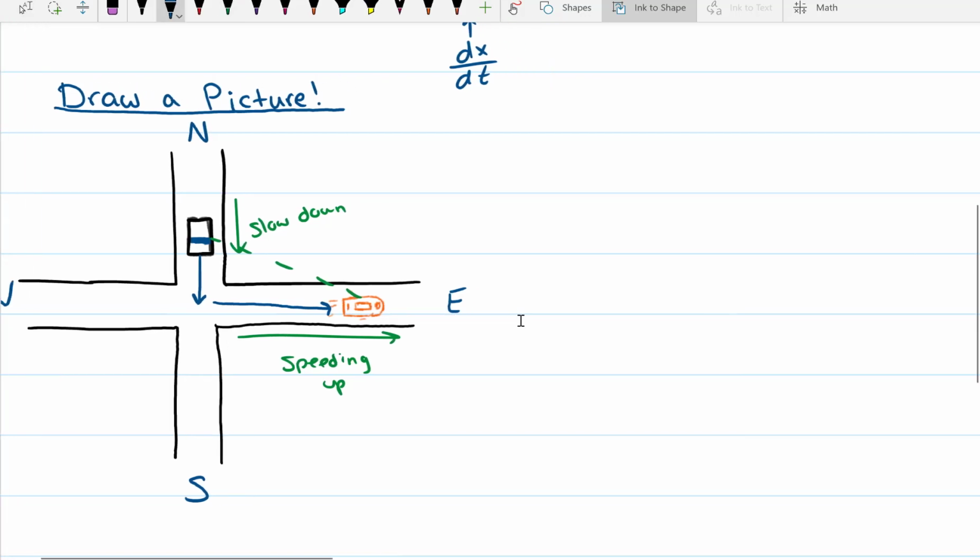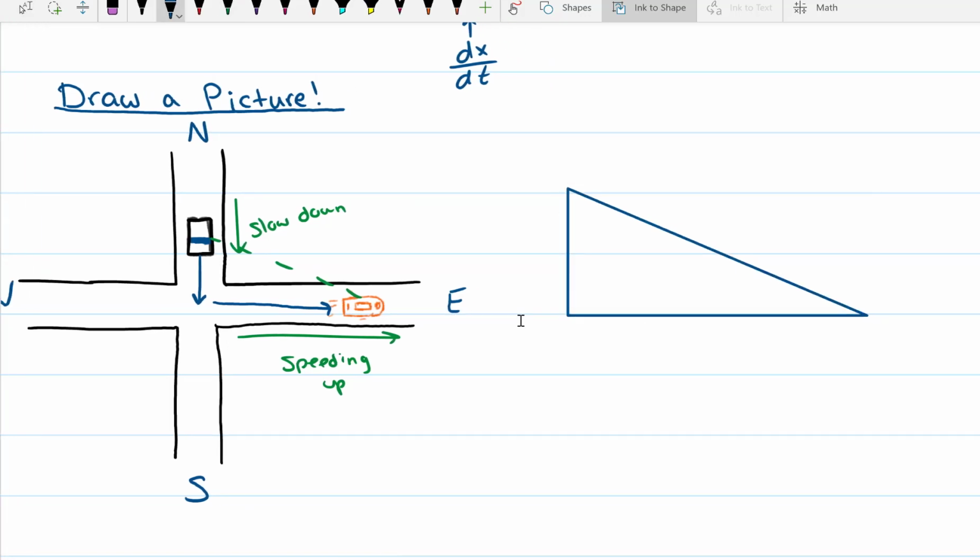So it might help to draw a second little diagram where right here, this is my cop car. Right here, this is the other car. Now this helps because we know this distance is 0.6 and we know this distance is 0.8.